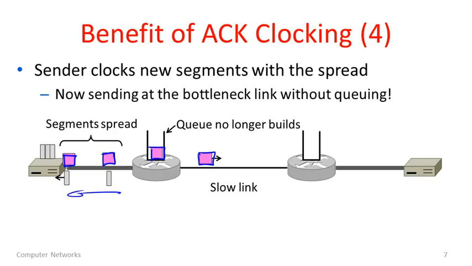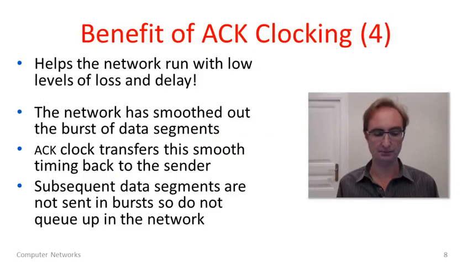So we now expect that there will be no big queue building here, and the packets will simply go out onto the slow link because they'll be arriving in about the right order. So in effect, the sender is now sending at about the bottleneck rate. So there'll be no queuing, all without actually having anyone tell it what the capacity of the bottleneck link was.